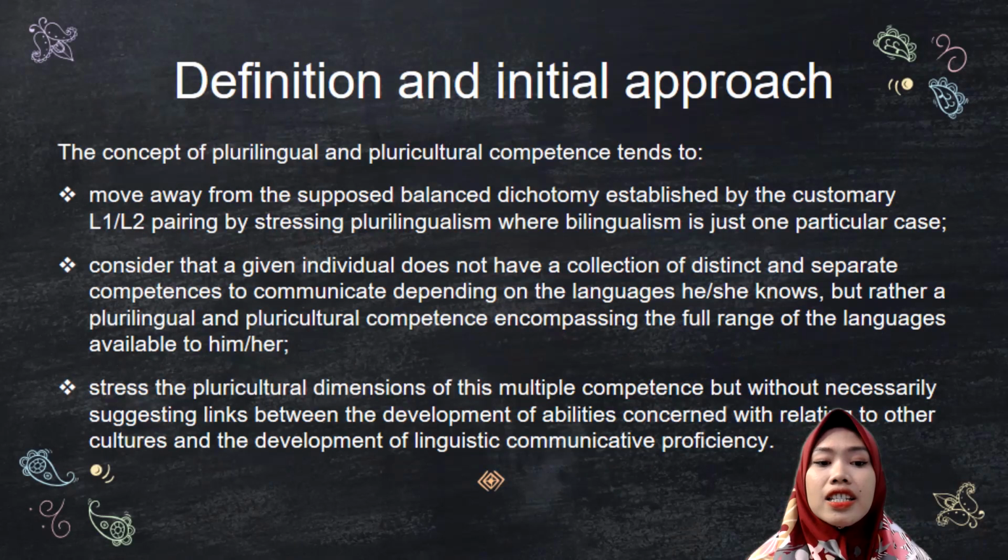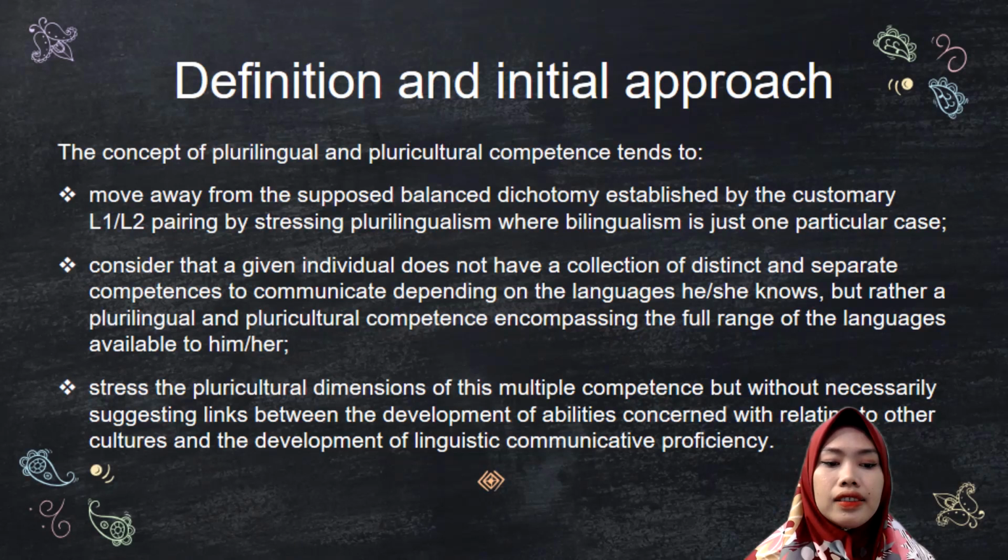The second is to consider that a given individual doesn't have a collection of distinct and separate competences to communicate depending on the languages he or she knows, but rather a plurilingual and pluricultural competence encompassing the full range of the languages available to him or her.